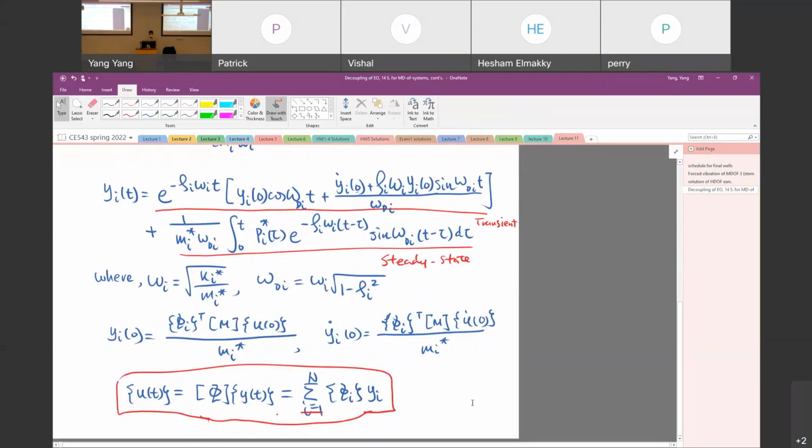Actually, the solution of MDOF systems is very similar to the solution of SDOF systems. The only thing you need to do is, firstly, calculate the mode shapes, and then use the mode shapes to decouple the system, so that all you need to do is solve multiple single degree of freedom systems.